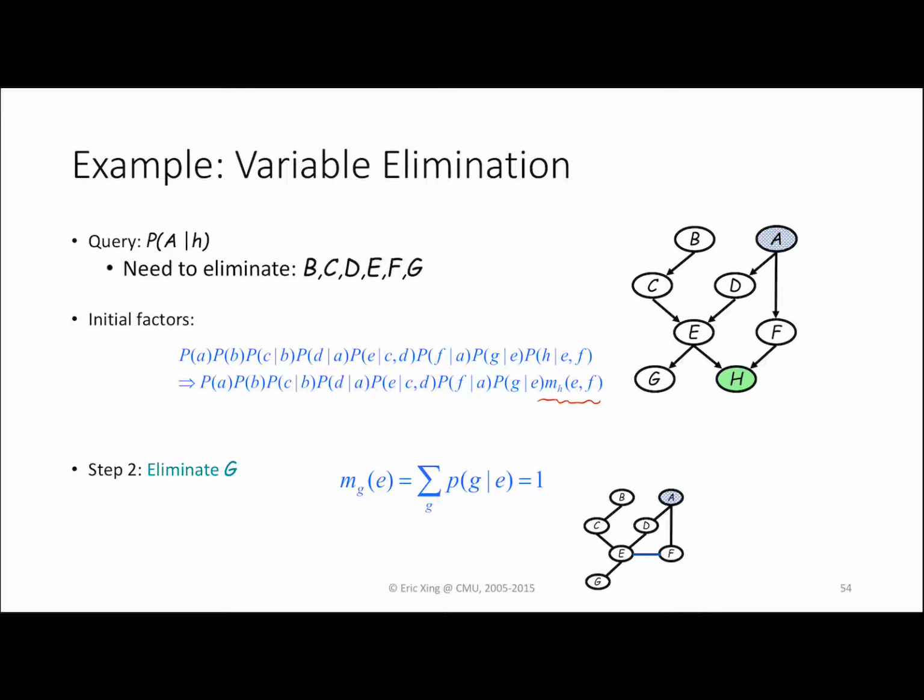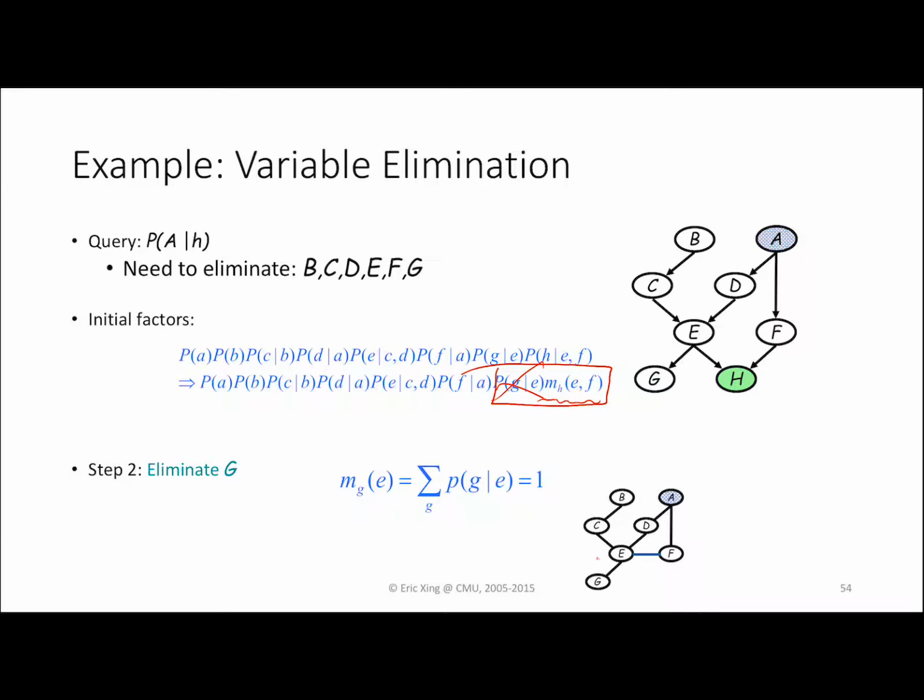So just P of G dependent on E. Basically, push the sum forward, find all of the terms that depend on G, put them all together, so it's going to be only this term, right? Is there any other term? Nope. And if I sum over G, this is a CPD, so it sums to 1, right? So that goes away completely.